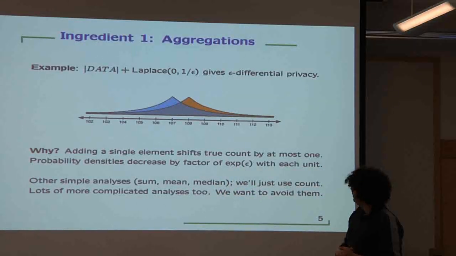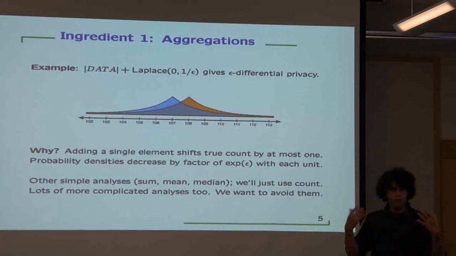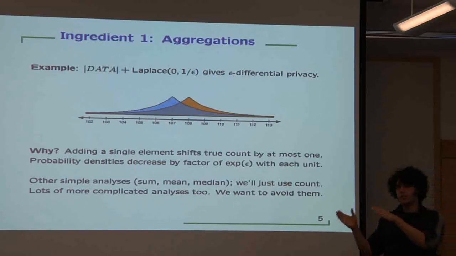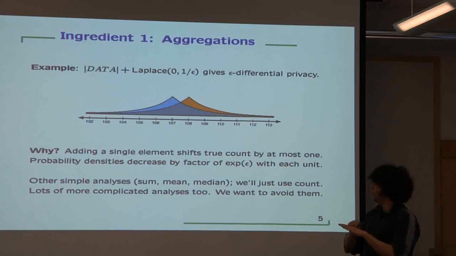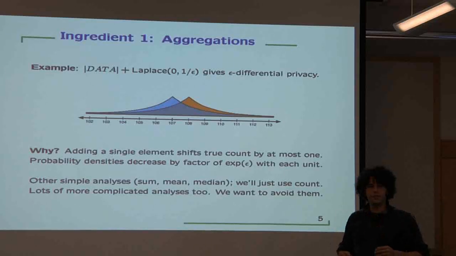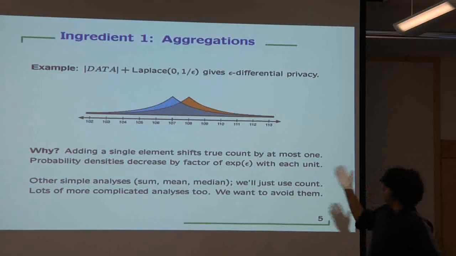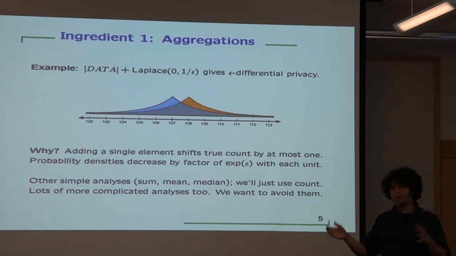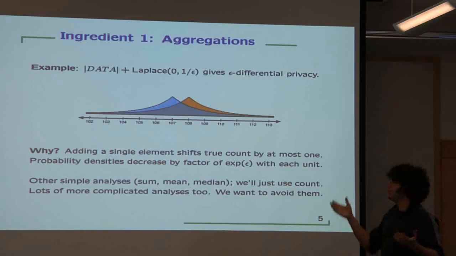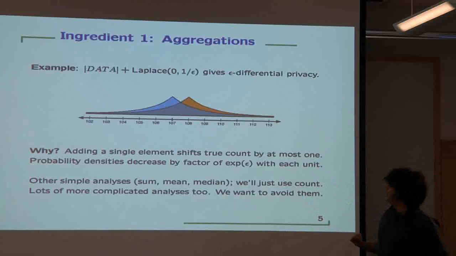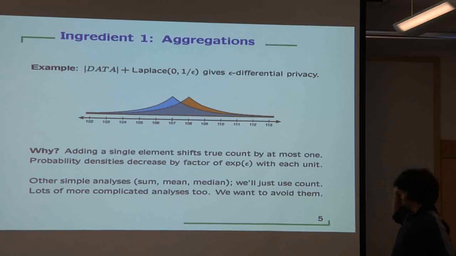The Laplace distribution was picked so that it decreases at a sufficiently modest rate that the ratio of probabilities is bounded everywhere. Then you get differential privacy by integration: for any subset S of outcomes, since everywhere pointwise they're bounded in ratio, the integrals are also bounded.